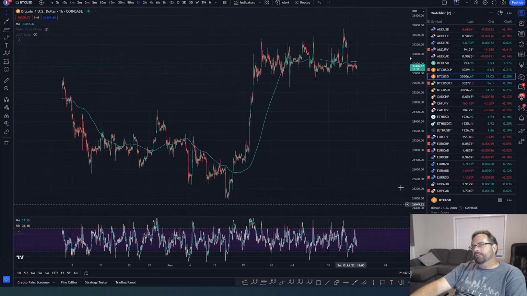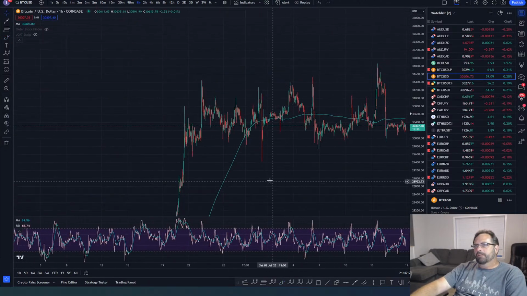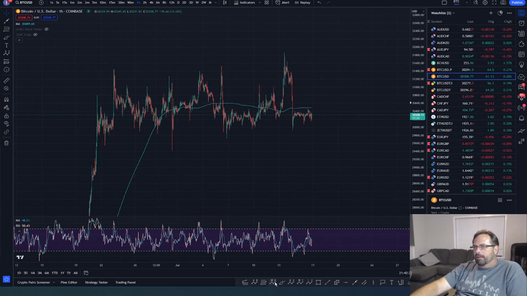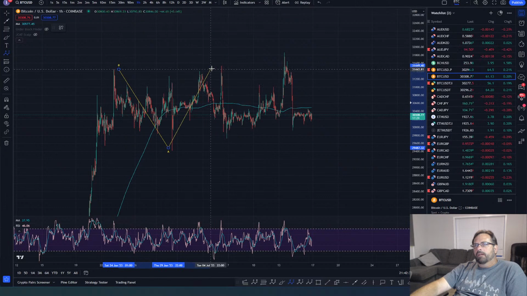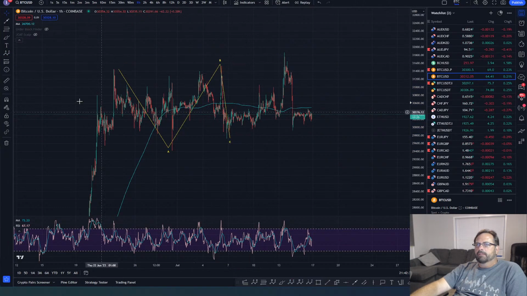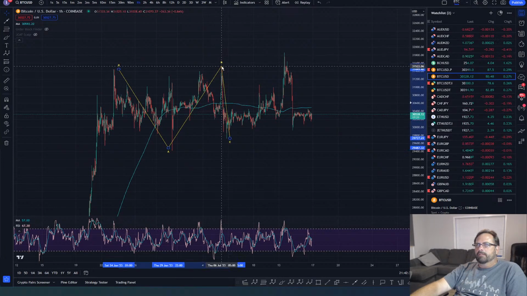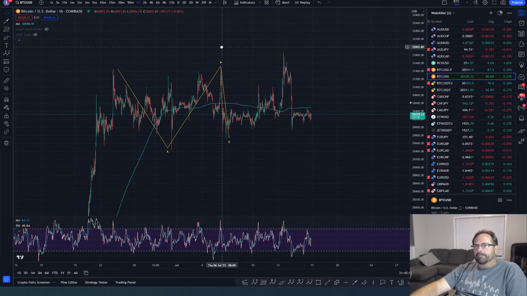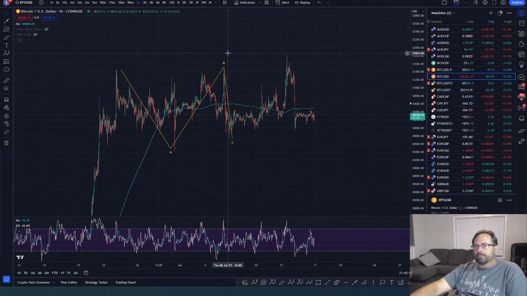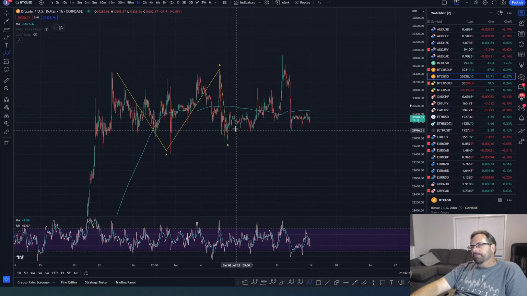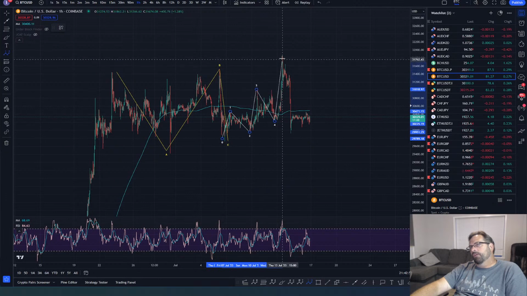Looking at this wave, let's just look at this wave right here. A to there, B to here, C to there. A, B, C. And then right here, 1, 2, 3, 4, 5.